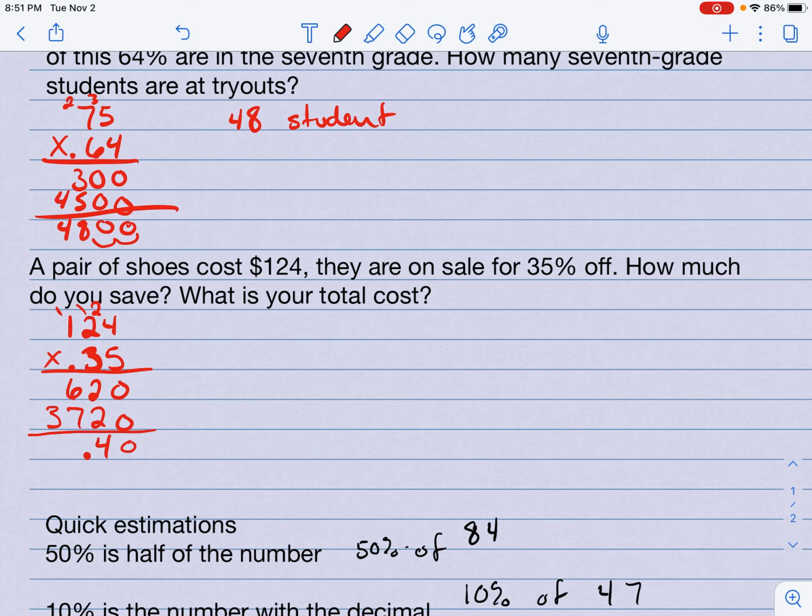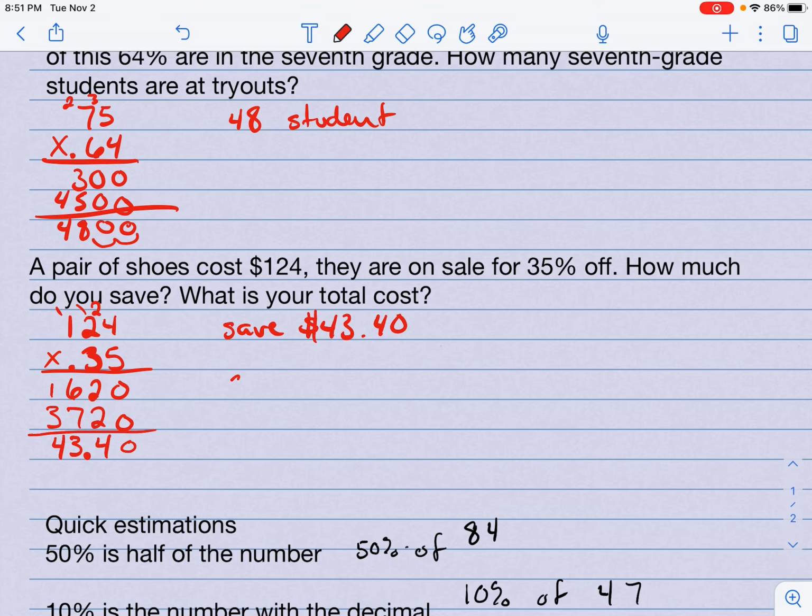That's where our decimal is going to go. 6 plus 7 is 13, carry the 1. Okay, so you're going to save $43.40. Okay, that's how much we save.